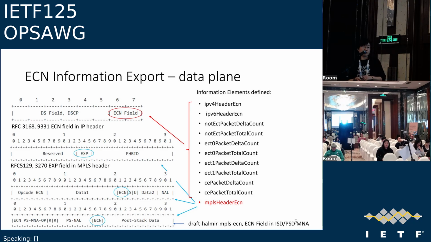Yeah, bits 6 to 7 are used for the ECN field, 2 bits. Actually, it's code points. Yeah, I get that, but does it make sense? Because you could be exporting the 8 bits directly.